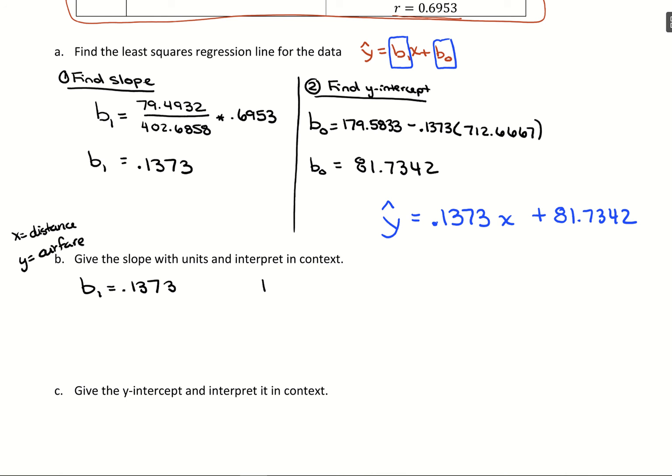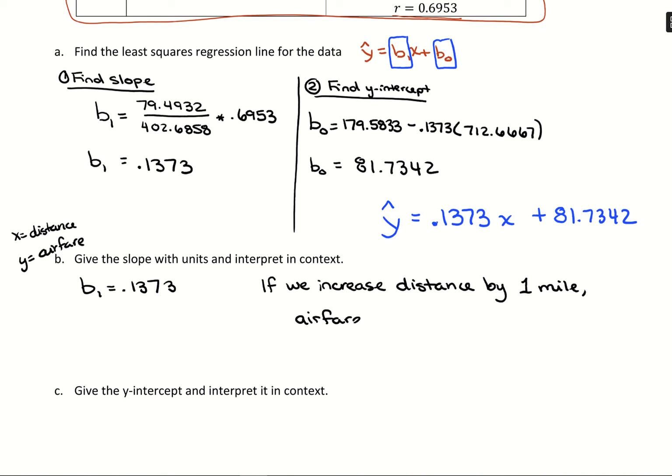So what we want to look at is if we increase x, which is distance, by 1 unit. So distance units in this case is miles. So if we increase distance by 1 mile, then we can talk about how y is changing.